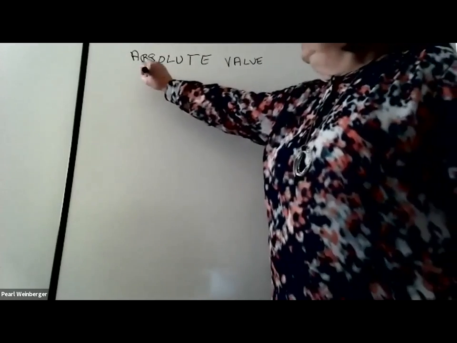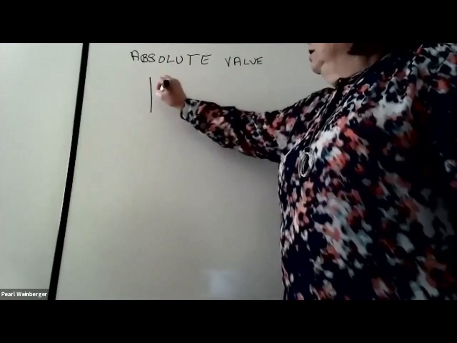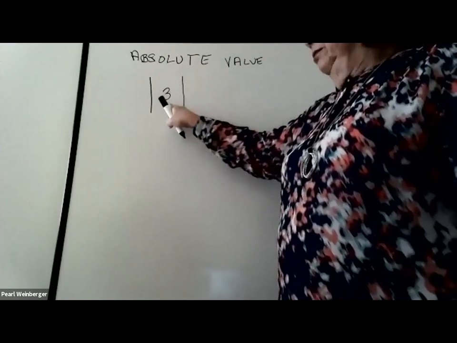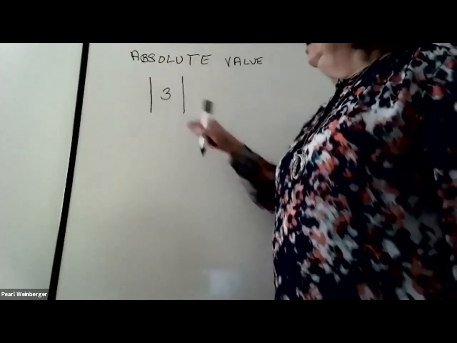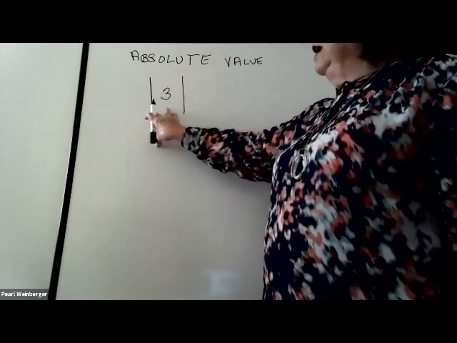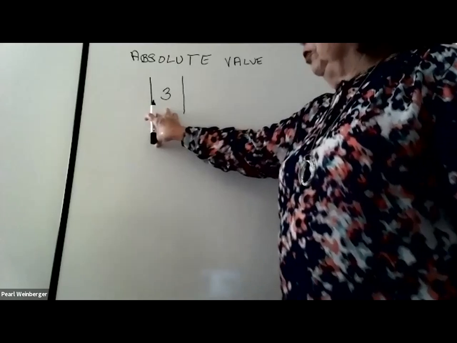If you see a number with 2 straight lines on either side of it, that is read as the absolute value of 3.